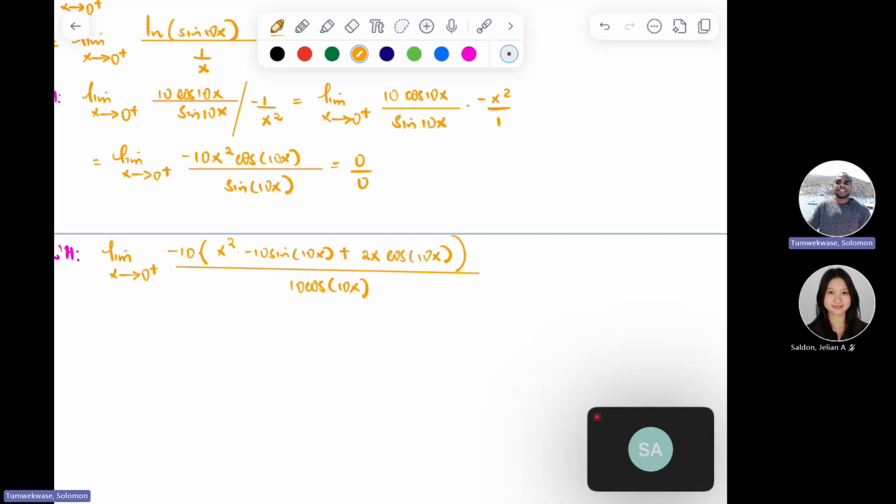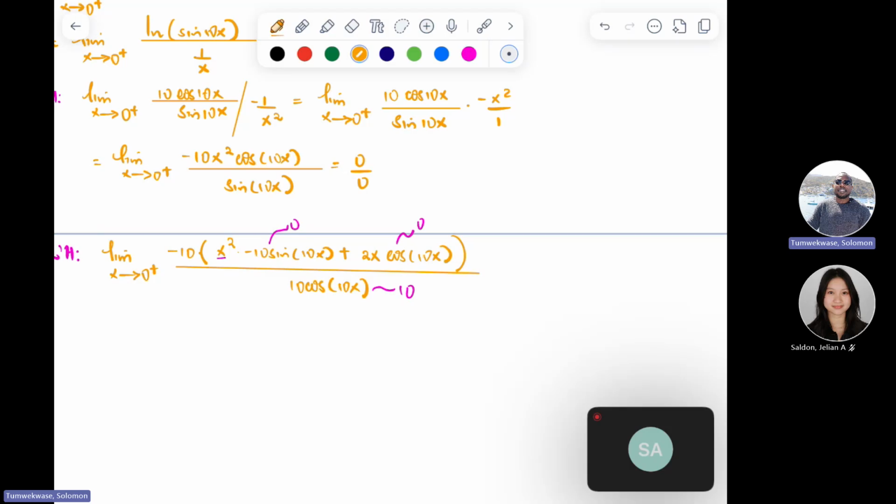Now, I can simplify this, or I can just take the limit directly. We can see that when I take the limit as x approaches 0, this guy will be 0. So the whole of this function will give me 0. Cosine of 0 is 1, so the whole of this guy will actually give me 10, right?